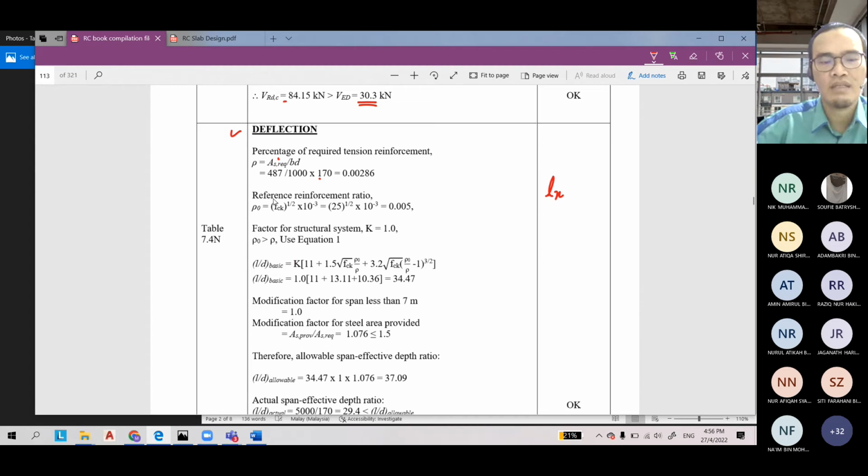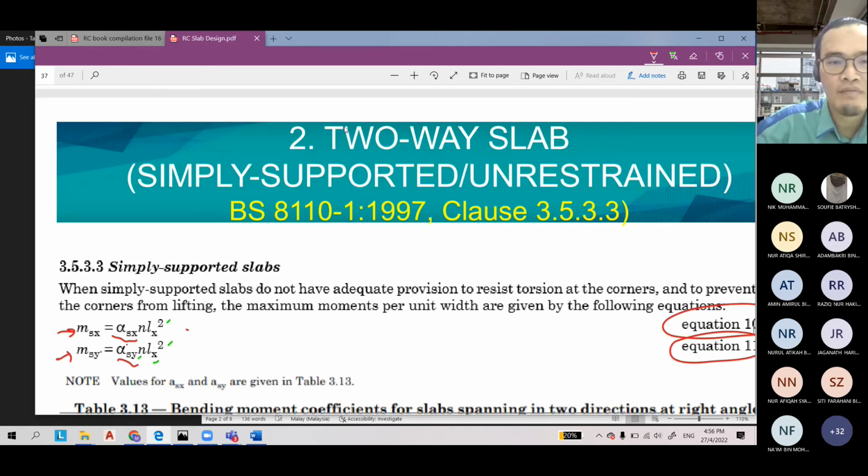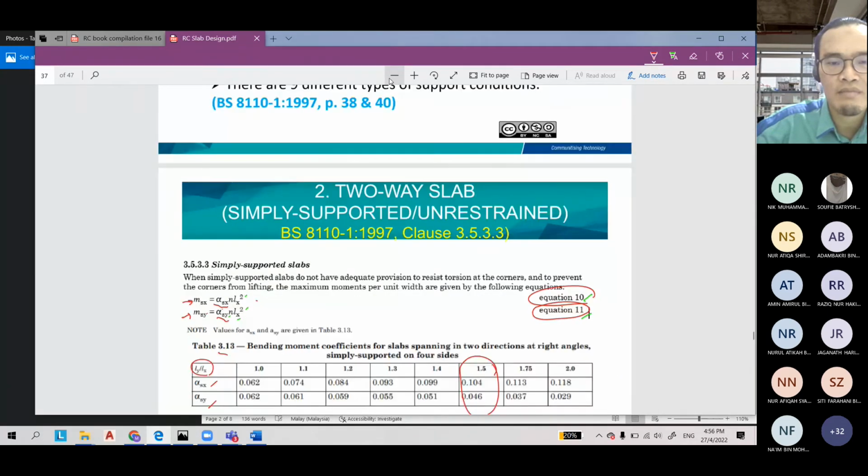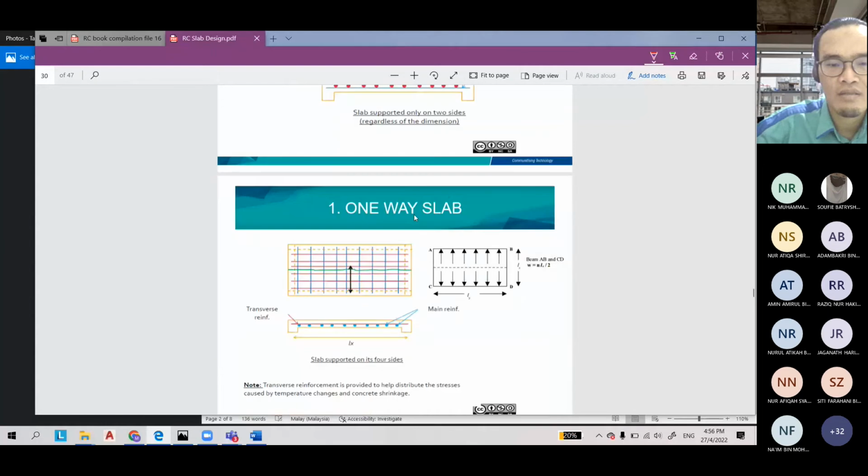And then after checking the deflection, you can check for cracking. So make sure the maximum spacing is 3h. Make sure it's less than 400. 400 is the maximum. If it is a secondary bar, the maximum is 450, like this one.